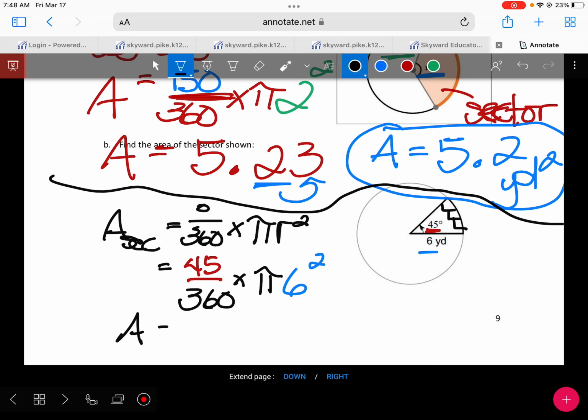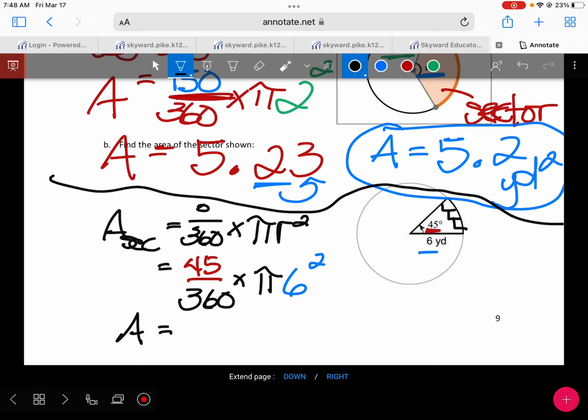All right, so you need to put all of that in the calculator very carefully. So 45 divided by 360 times your pi button times 6, then hit the x squared button, which is just to the left of the 7 button.